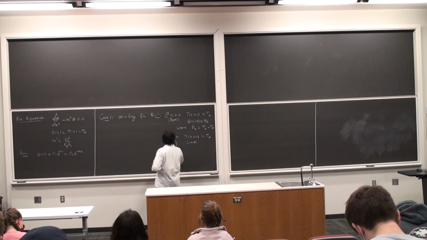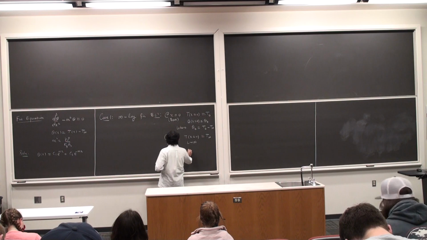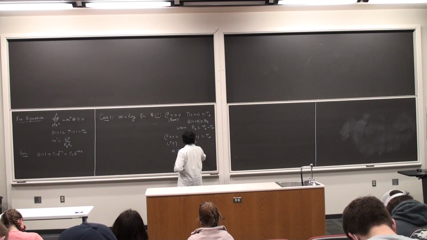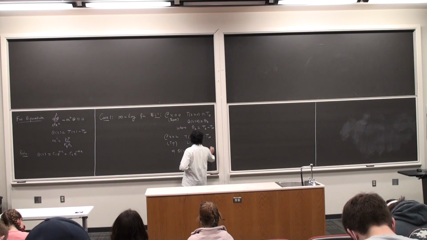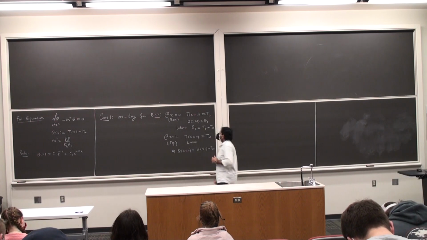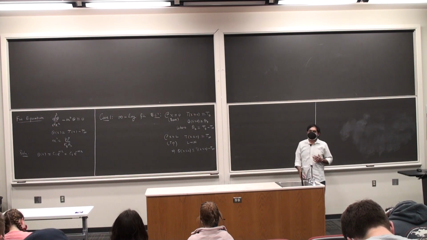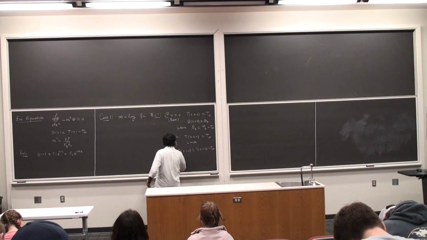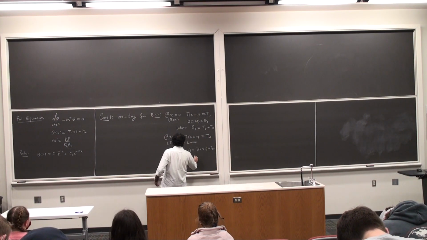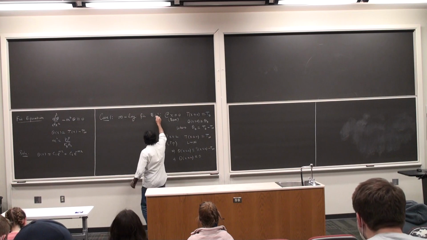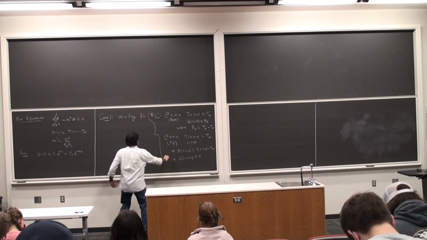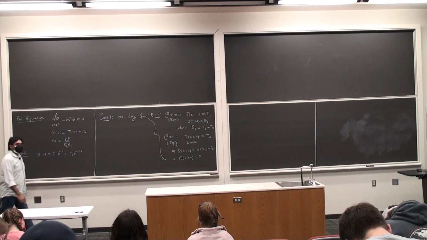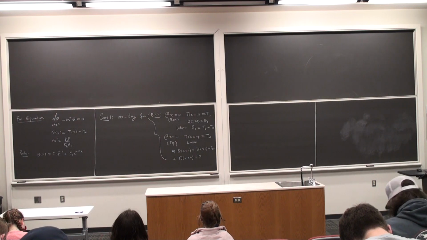And because of this, theta at x equal to L, which is the difference between the two, essentially is going to end up being equal to 0.